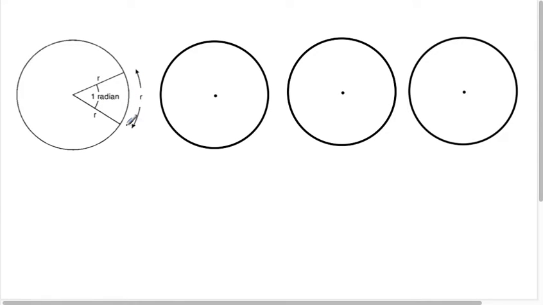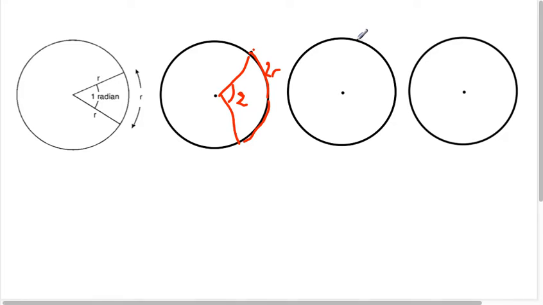If I now multiply r by 2 or make a longer arc whose length is 2r, so let's say here I'm going to have a length of an arc which is 2 times radius, then of course the angle in the center here will also double. So here is what we call 2 radian. When you have 2r, the length of the arc is 2r, then we have an angle at the center which is 2 radian.